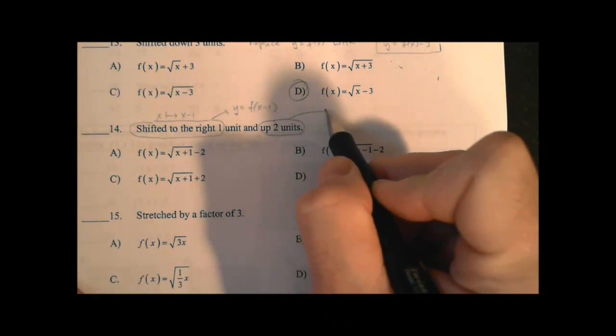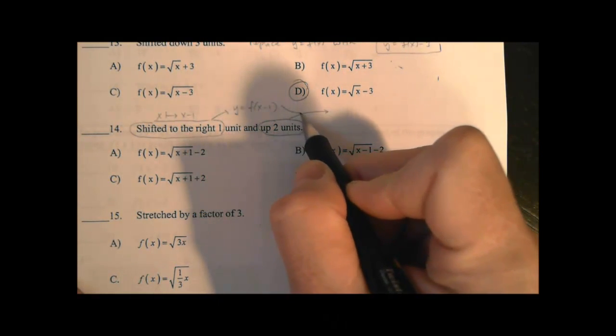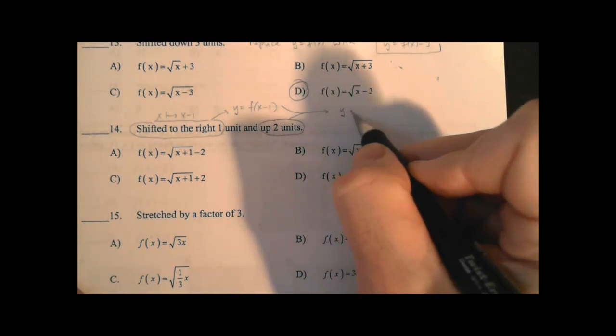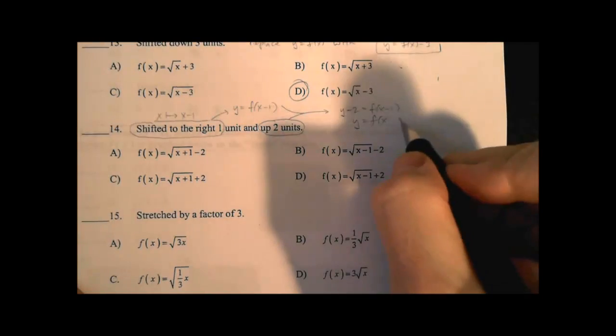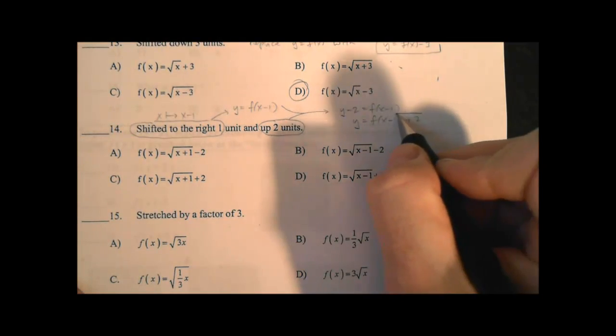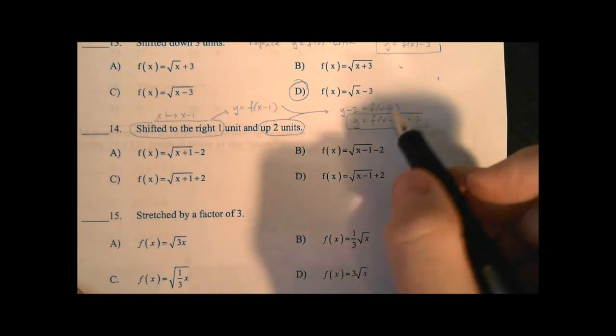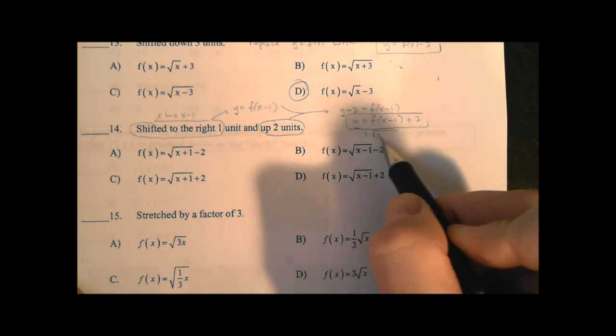We can either then go to y minus 2 equals f of x minus 1, or y equals f of x minus 1 plus 2. And that would be our square root of x minus 1 plus 2. And that would be D. And you can verify again that D is the correct answer.